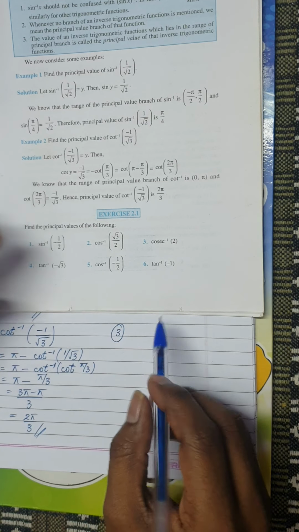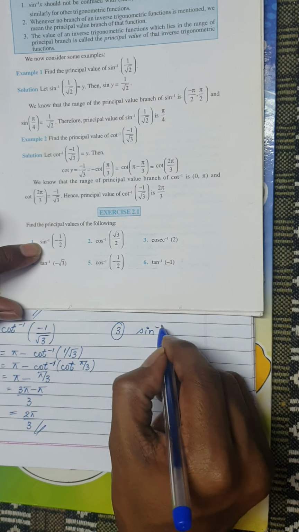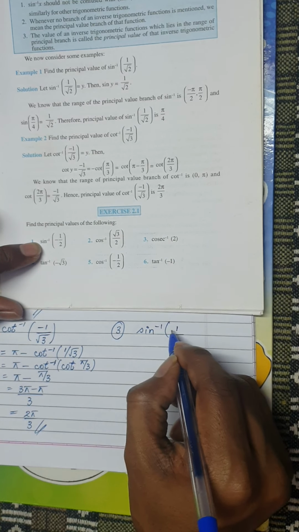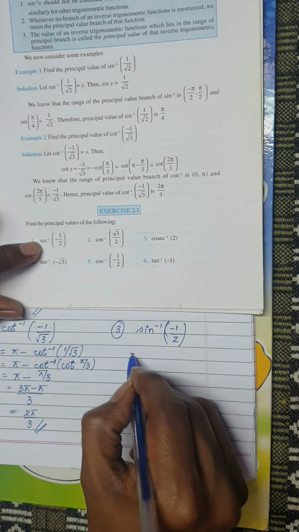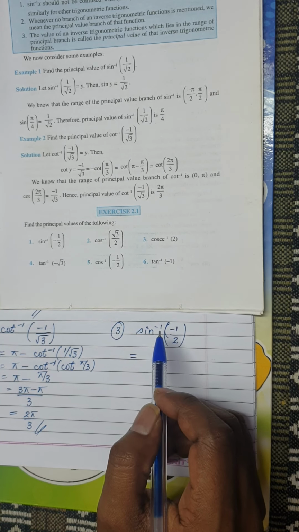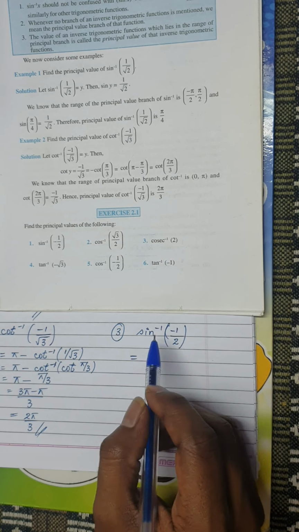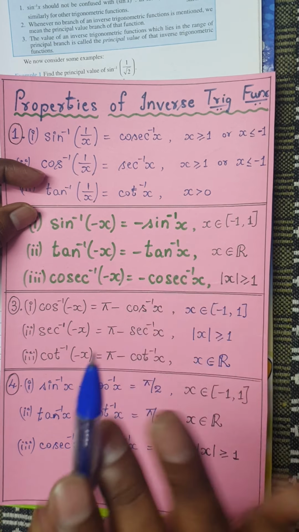Let us consider the first question from exercise 2.1, sine inverse of minus 1 by 2. Remember, we should know all the properties of inverse trigonometric functions. The property is sine inverse of minus x is minus of sine inverse x.